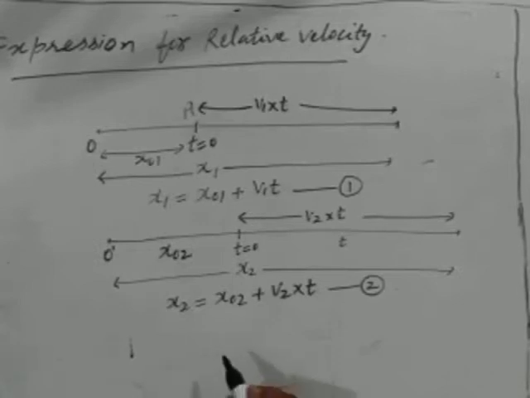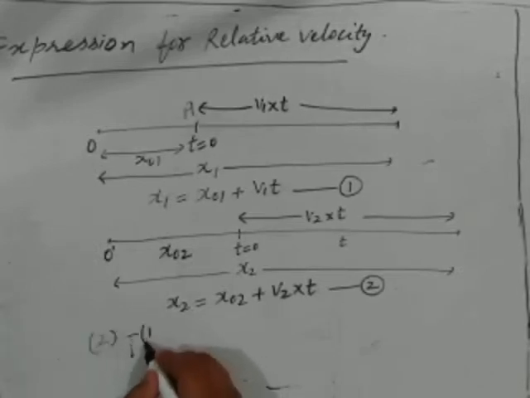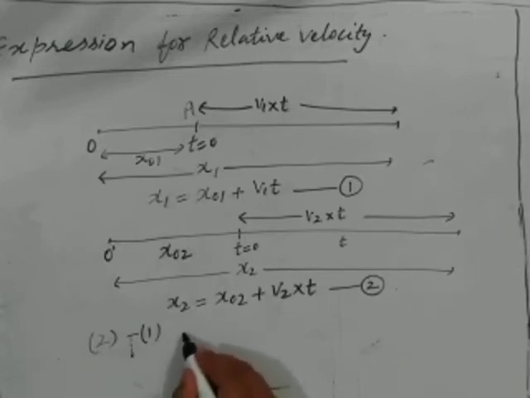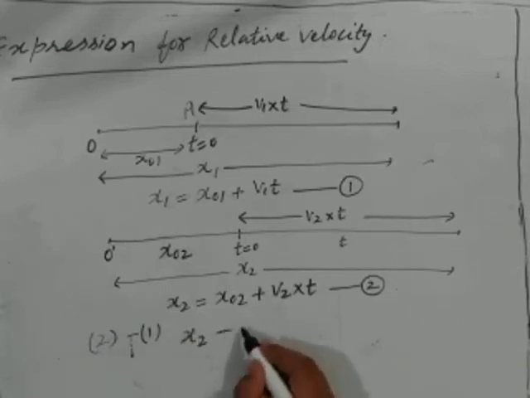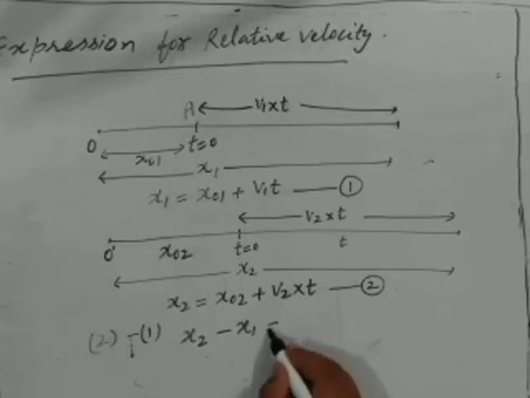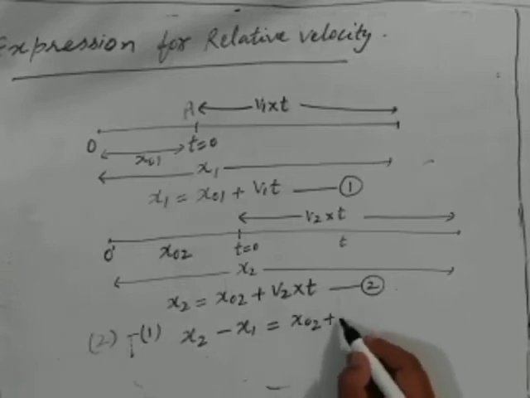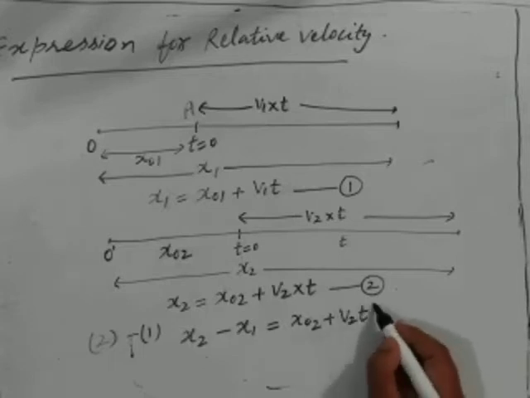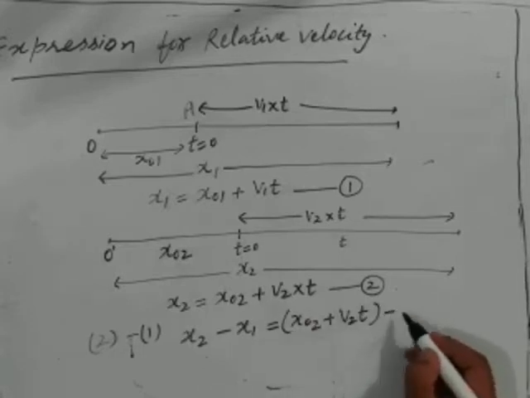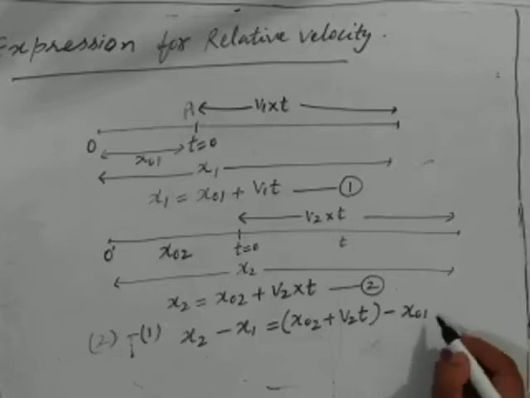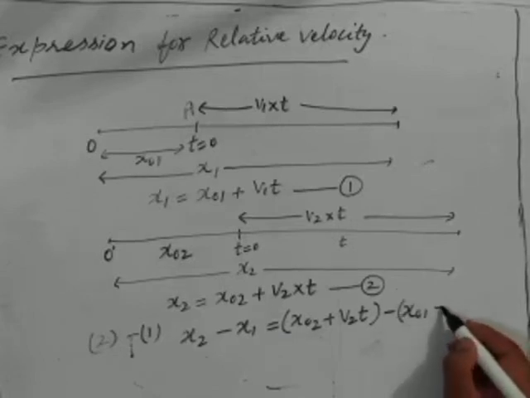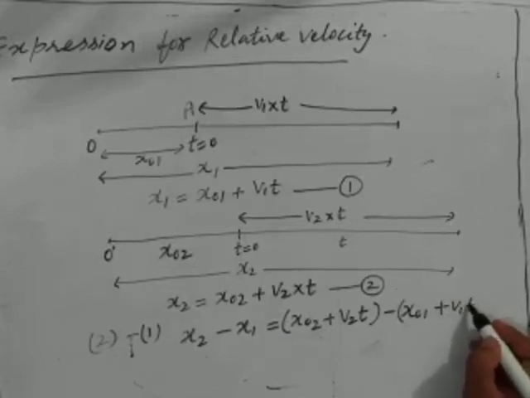Now subtracting equation number 1 from equation number 2. So this can be written as x2 minus x1 equal to x02 plus v2t minus x01 plus v1t.